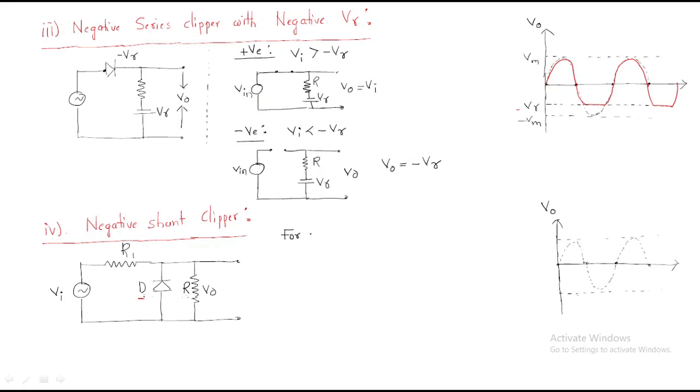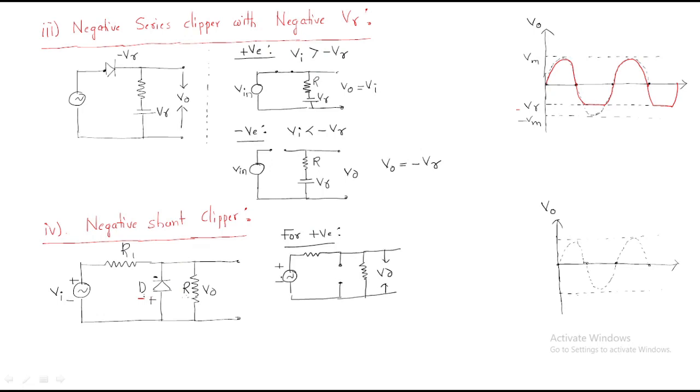First, for the positive half cycle, look at here, what happened? The positive sign is applied to the negative and the negative sign is applied to the positive. It will become open circuit. So the resistor is there, and that is the V0 load, nothing but the output.